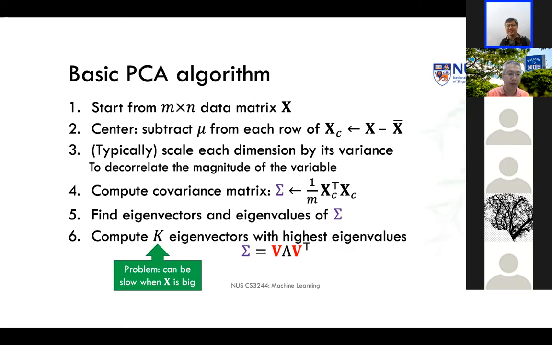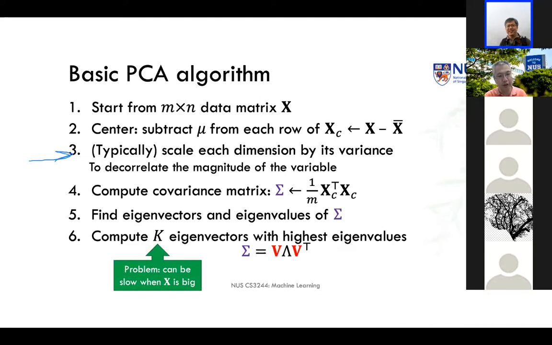Also, what you typically do is scale the dimensions of each data set, so you can get things within a normal distribution, and it will help decorrelate the magnitude of each of the variables.